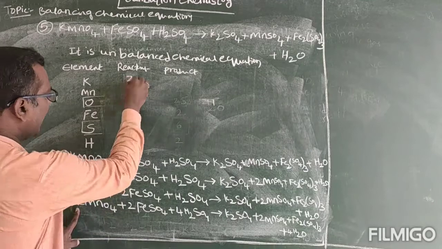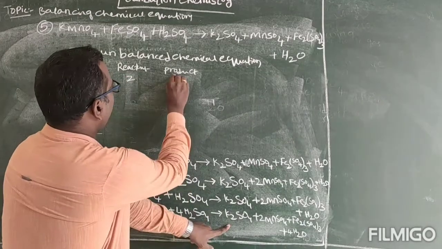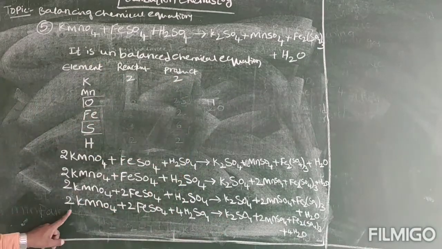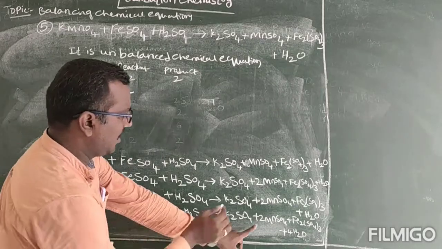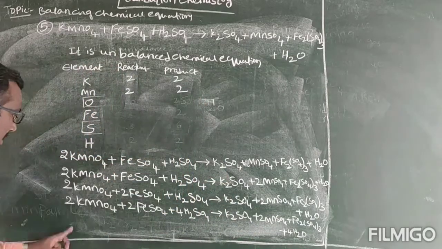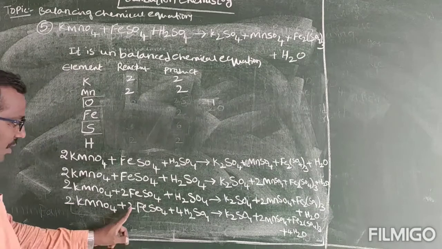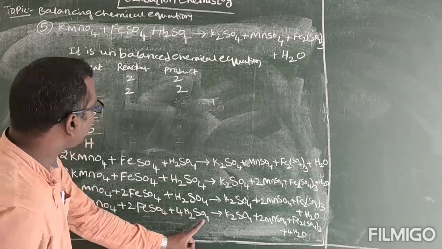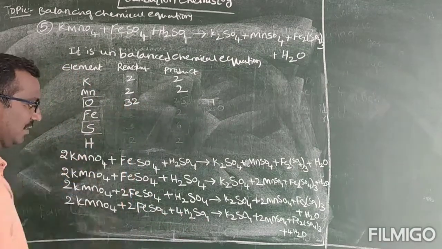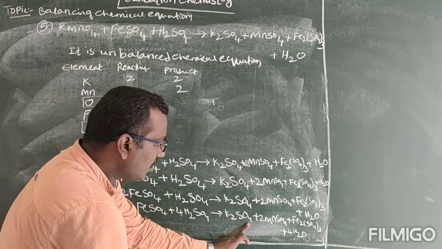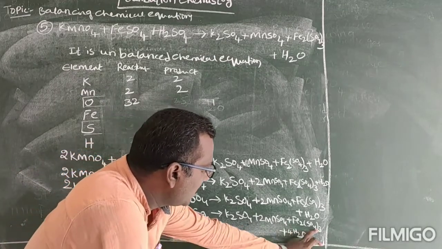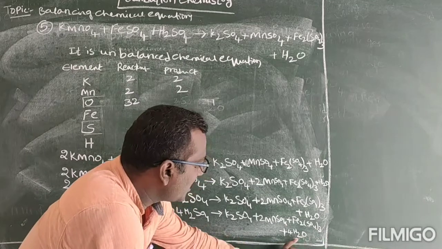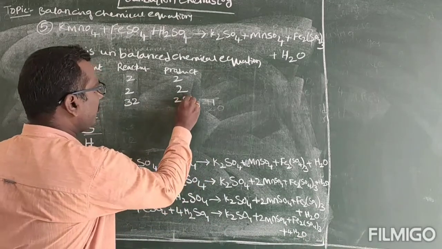Potassiums 2 on reactant side and on product side also 2. Manganese 2 and product side also 2. Oxygens: 2 4s are 8, 2 4s are 8, 16, 16, 16, 32 oxygens. And here 4 2s are 8, 12, 12 to 24, 24 plus 4, 28 oxygens. 4 less.